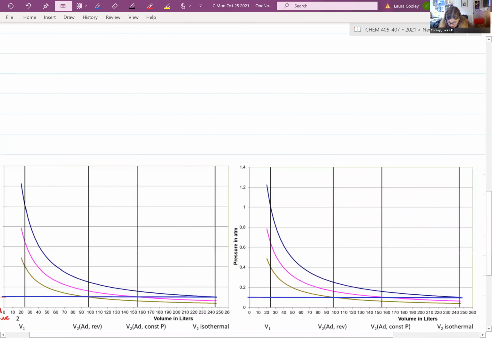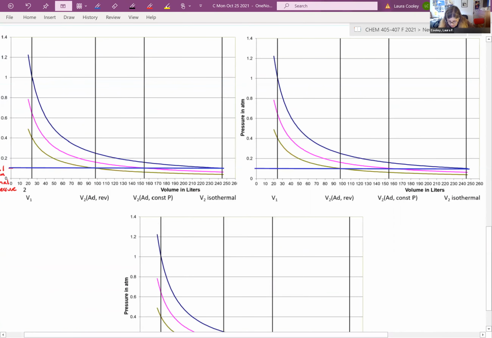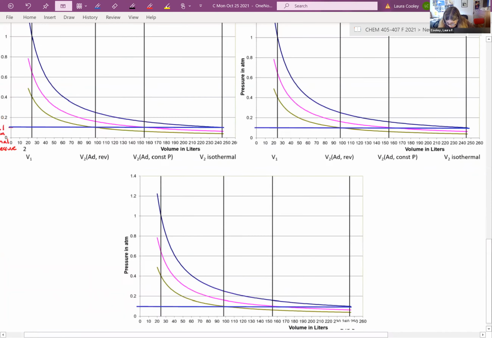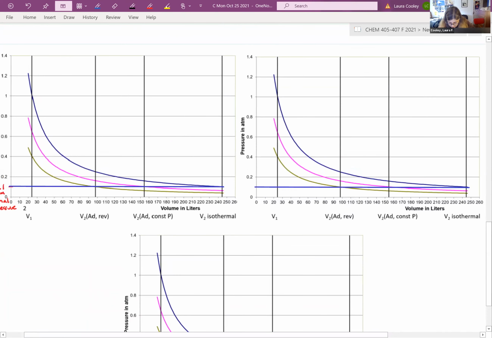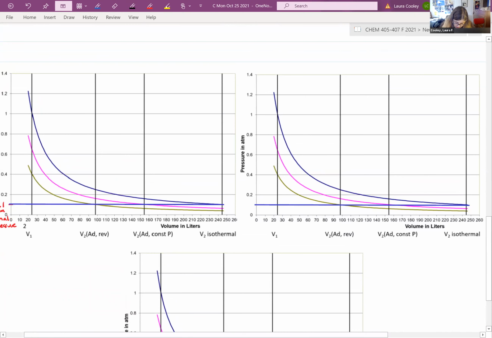So what I do is I give you these graphs of these three isotherms. So this is the isotherm for the starting temperature. This is the isotherm for T2 for the constant pressure expansion. And this is the isotherm for T2 for the reversible expansion, right?